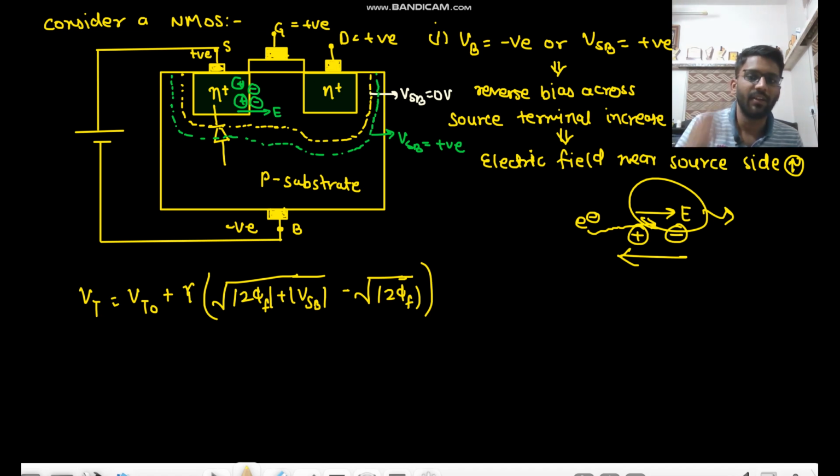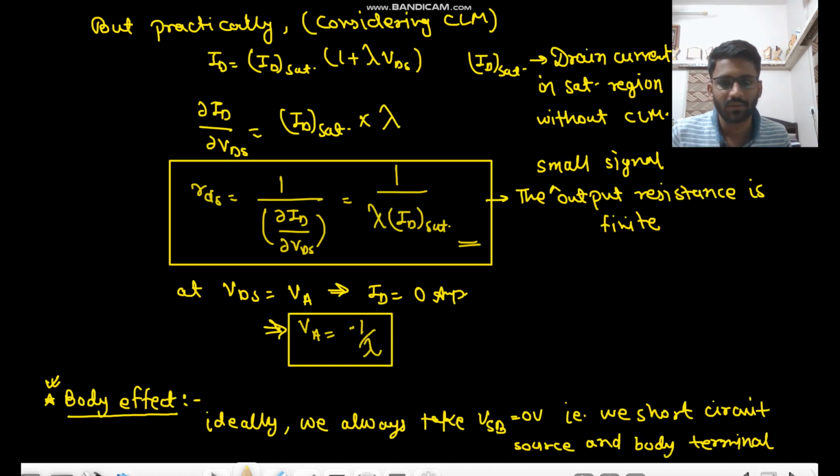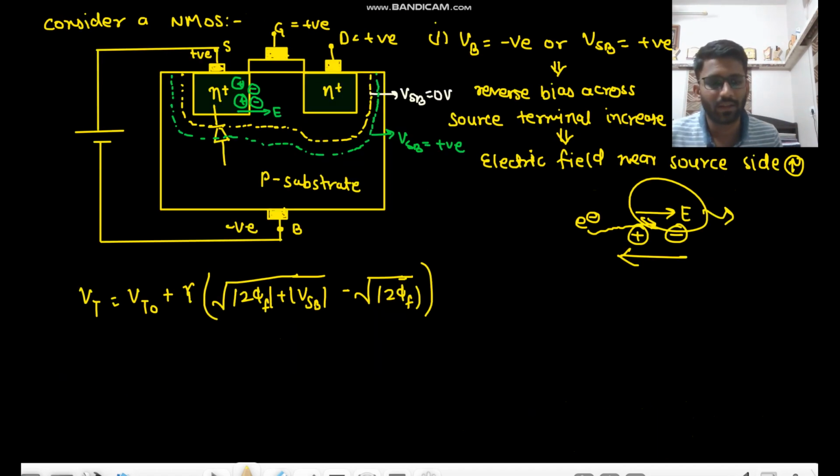Did you understand it? We applied source to body voltage, I am saying. We always short circuit source to body, but now we are applying a positive voltage at the source and a negative voltage at the body.